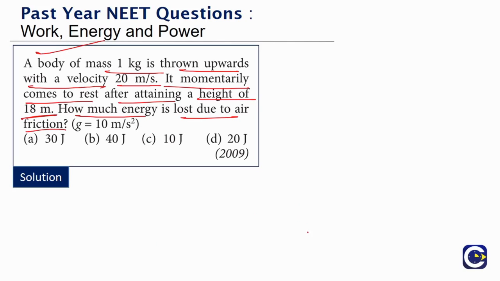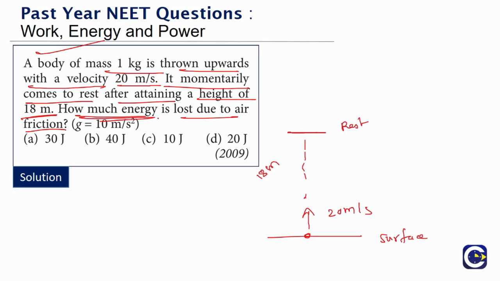So we are projecting a body up with a velocity of 20 meters per second from the surface. It goes up 18 meters and comes to rest. Now while it is moving, we need to find the energy lost due to the air friction.